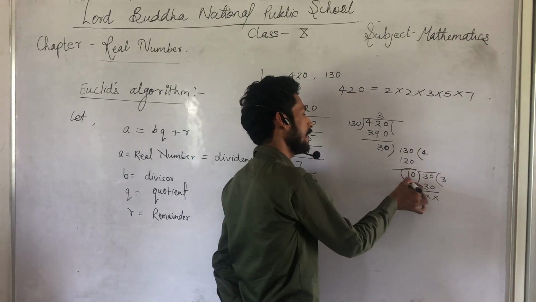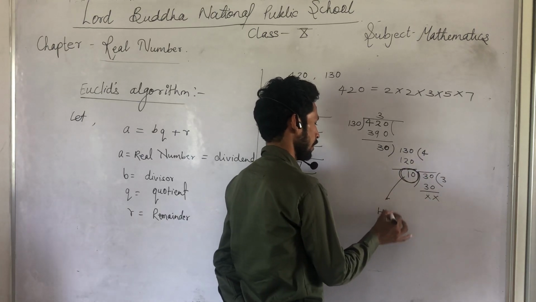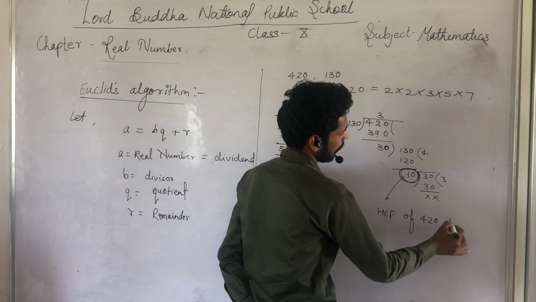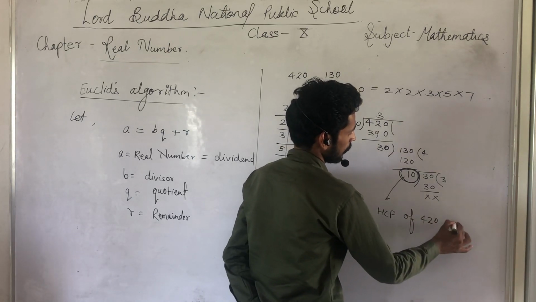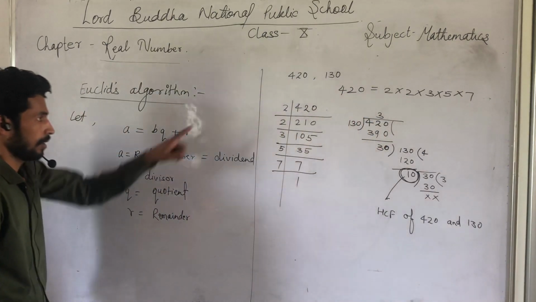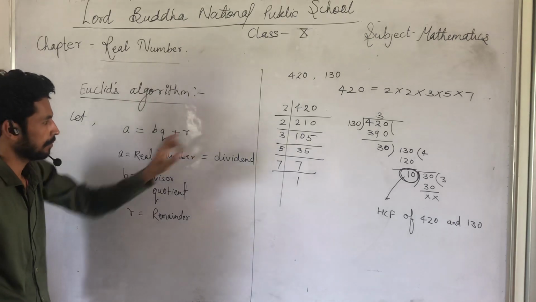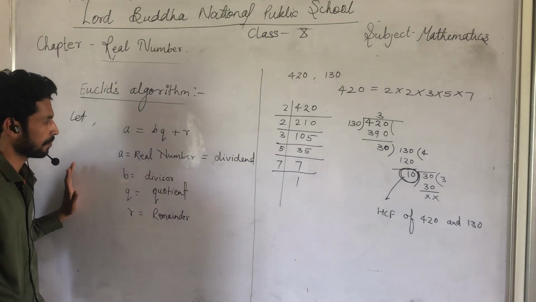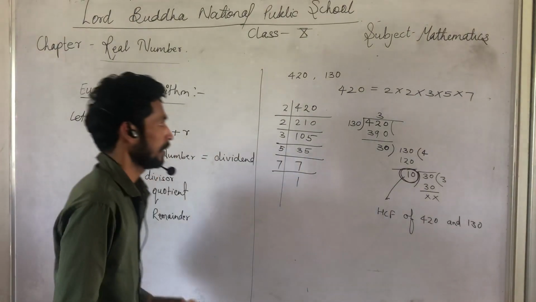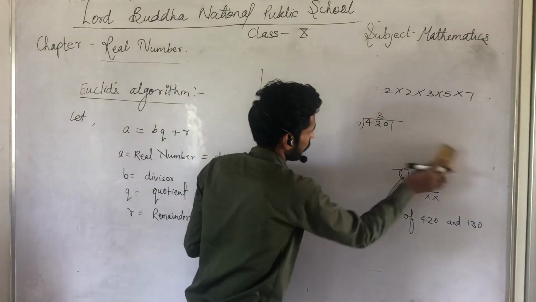So the final divisor, 10, is the HCF of 420 and 130. Don't worry, we took only an example here, but we will go step by step. So as a rough figure, remember it.